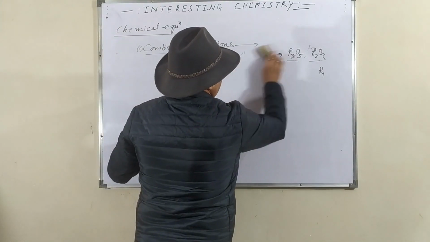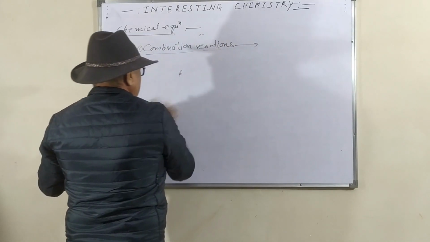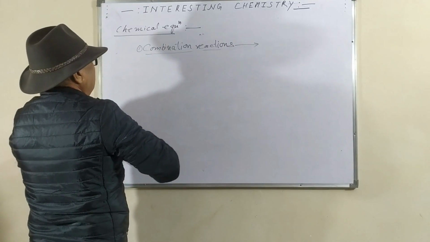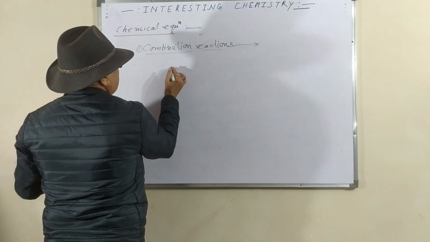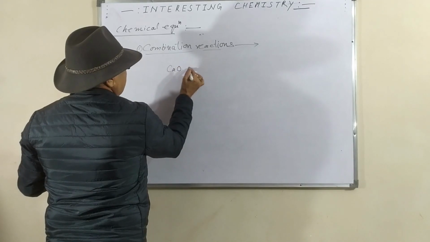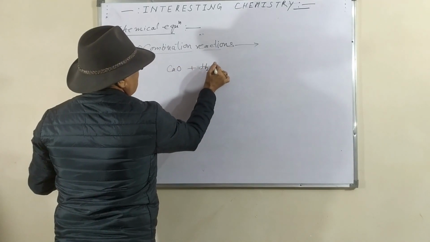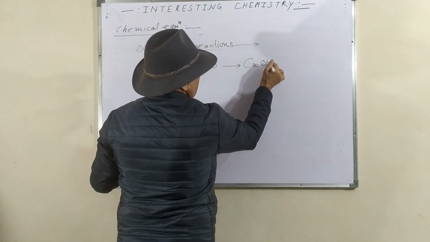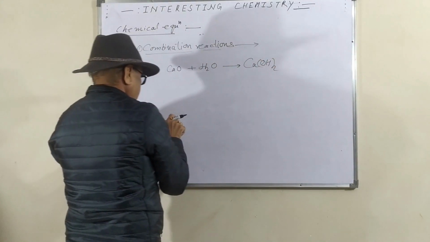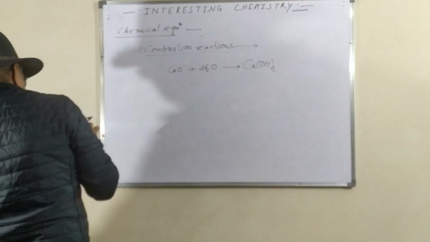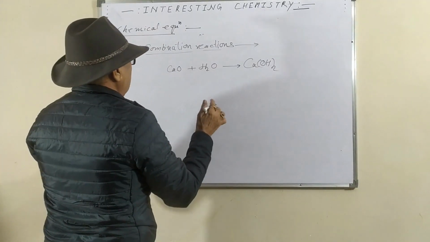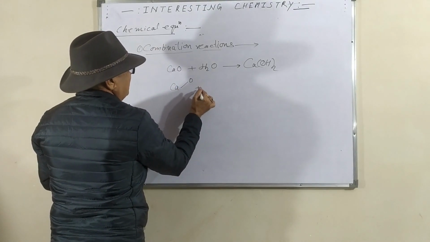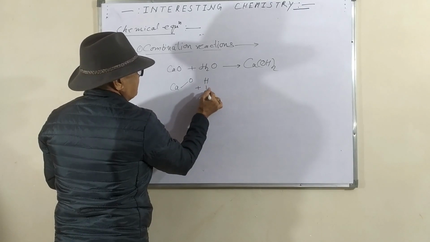When calcium oxide is treated with water, this is calcium oxide and H2O, it forms calcium hydroxide. Take this example in this way: suppose this is calcium oxide and this one is HOH.